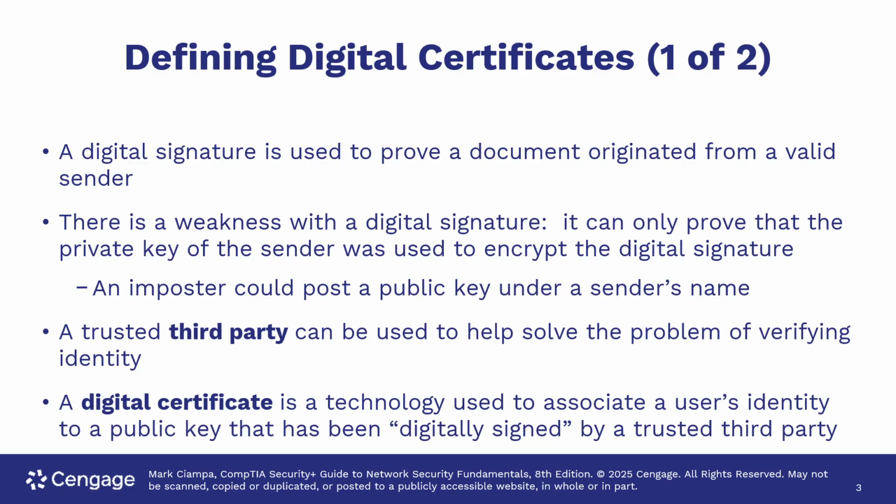Your YSU student ID is another example of that. It has your name, your YSU Y number on it. Okay. So those are third-party IDs that can be used to help solve the problem of verifying identity. You have a social security card, your library card, your passport, and things like that.